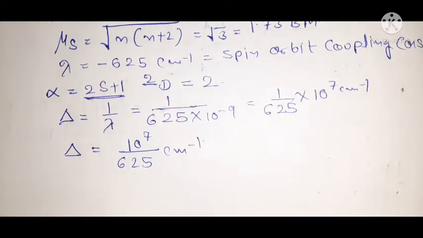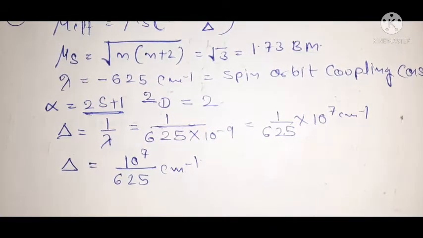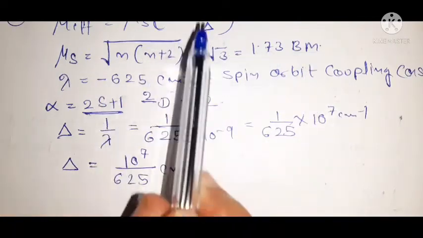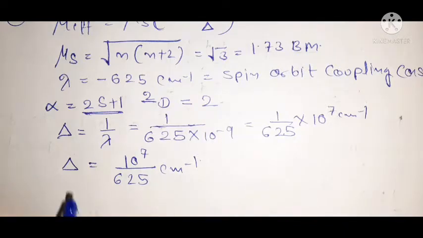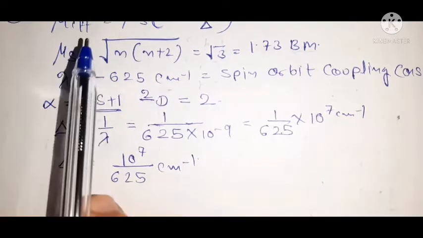Okay friends, now we have all the values: mu s is 1.73, alpha is 2, lambda is 625 centimeter inverse, and delta is 10 to the power 7 upon 625 centimeter inverse. You can put all the values in that formula and we will get our answer.